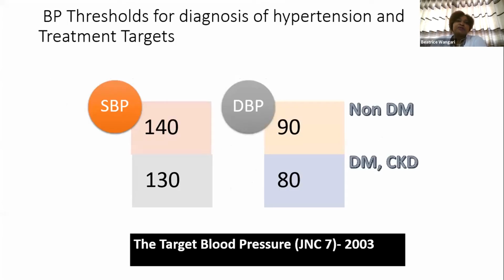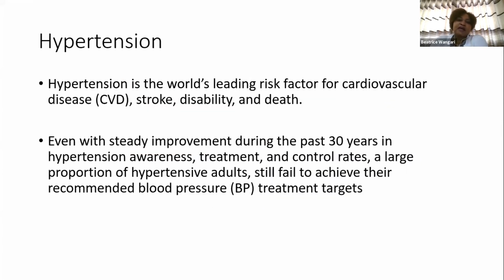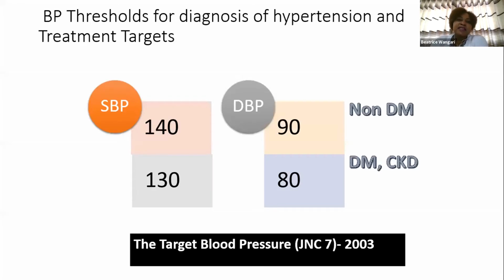Now, I want to go through, speaking of targets and thresholds for diagnosis and management of hypertension. This is an area which has evolved quite a bit over time, and these targets keep changing.